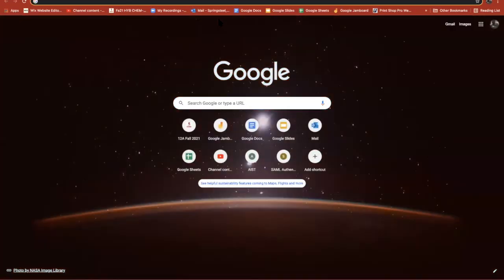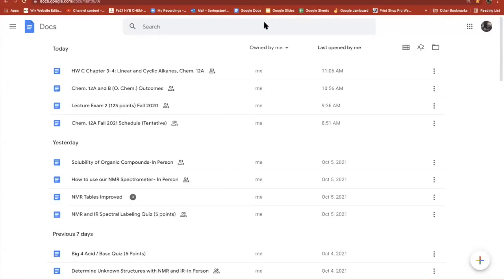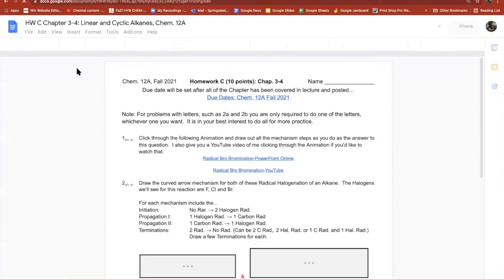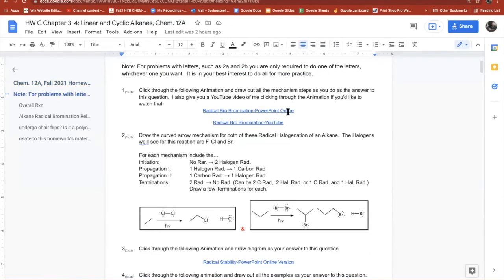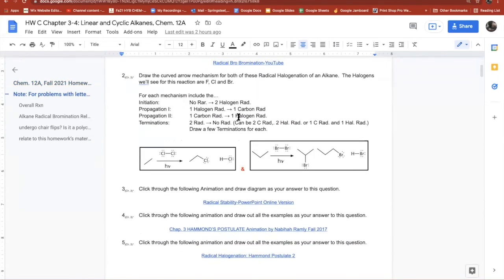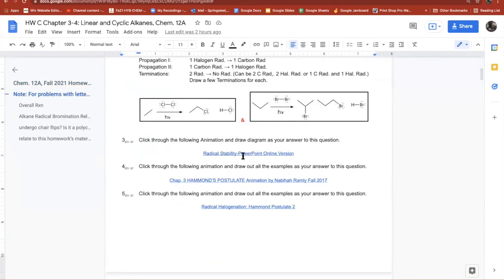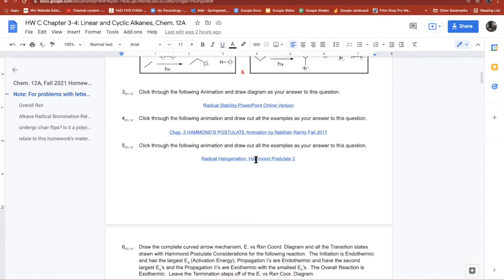These animations we've been going through, you're going to go back through them when you do homework C. So it's good to look over your notes, but if you want, you can just start on the homework and you'll see that it's kind of forcing you to go through your notes. So you do the bromination. I guess this one you're doing on your own, but here you're going to look at radical stability we did today, Hammond postulate, and more we looked at today. And then this one.